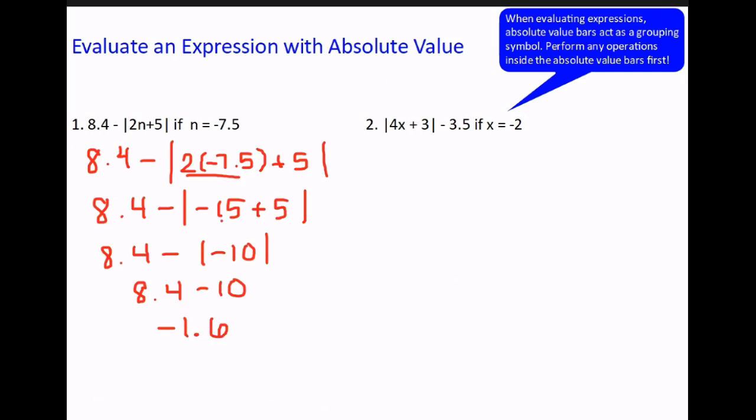So in number 2, we're going to do the same sort of thing. We're going to replace the x in the absolute value with a -2. And then we're going to simplify using ordered operations.